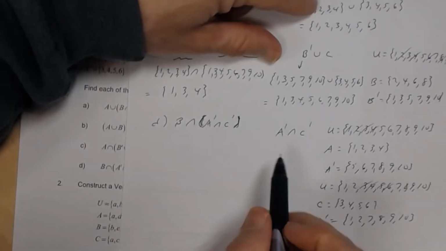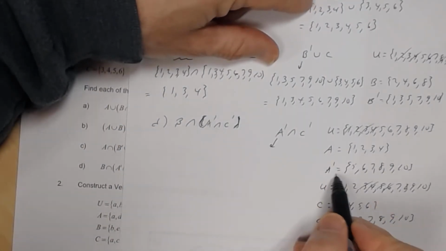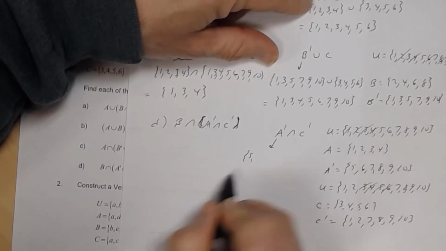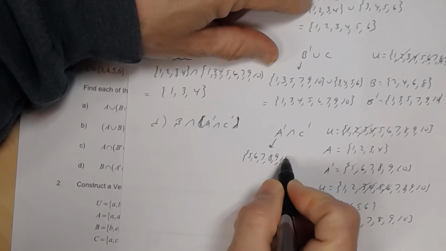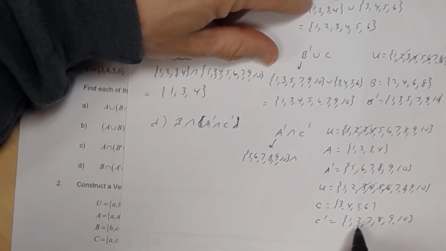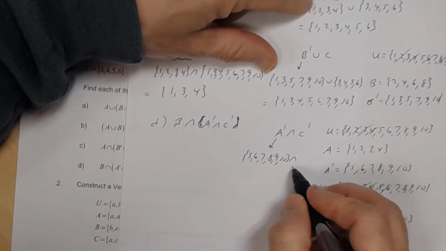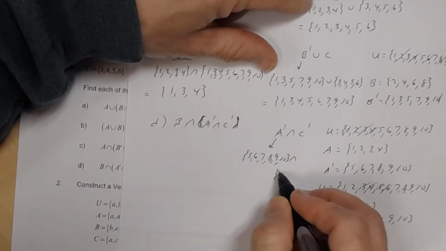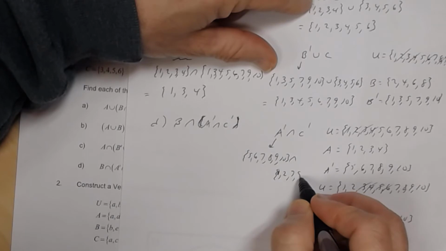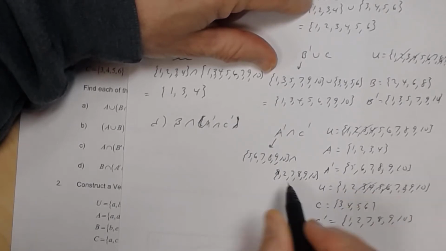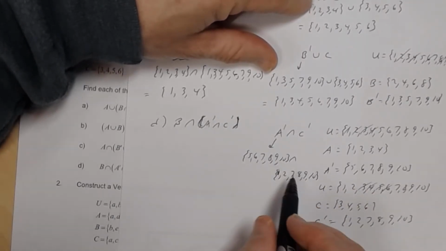All right, so now I know A complement. So A complement is this: 5, 6, 7, 8, 9, 10. I'm going to intersect that with C complement, which is this. So I'm running out of room. Let me go ahead and do that here. That's 1, 2, 7, 8, 9, 10. And so what do these two sets have in common?